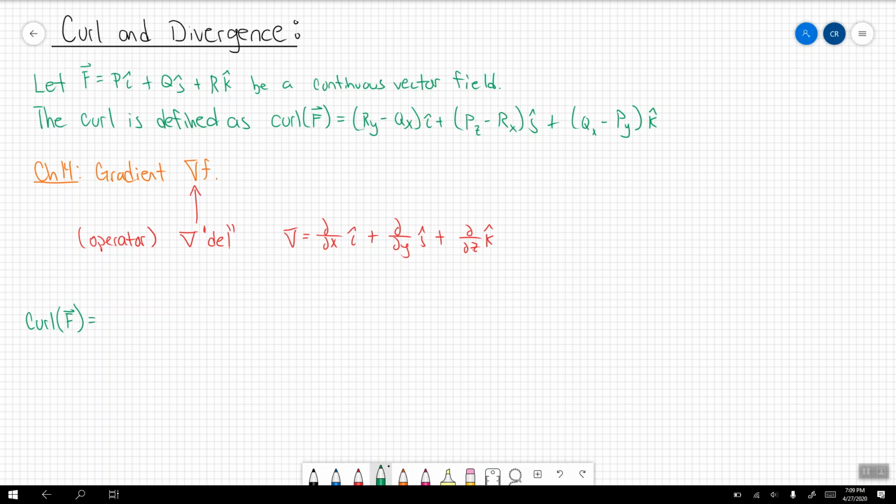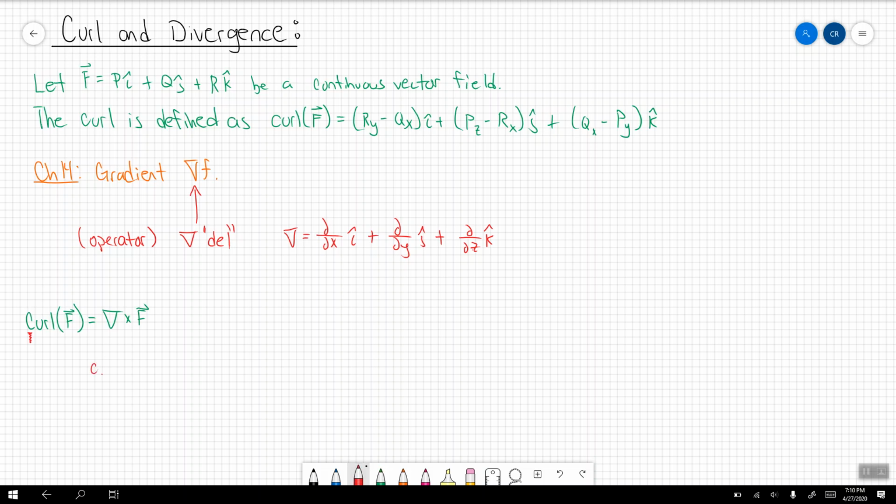If I want to identify the curl, what I'm going to do is say curl starts with the letter C. There's another operation that starts with the letter C, and that's this guy right here.